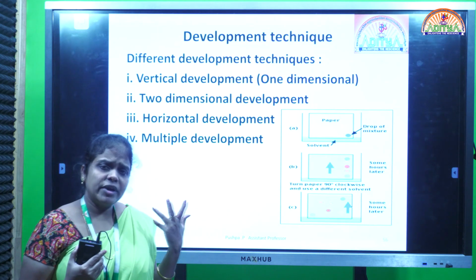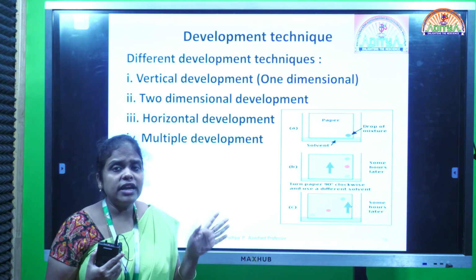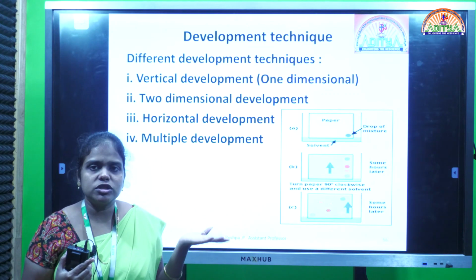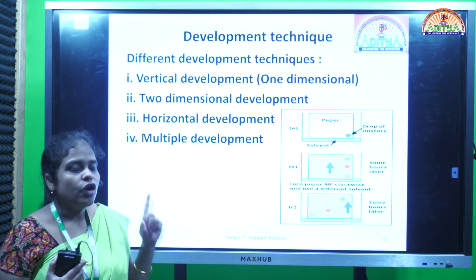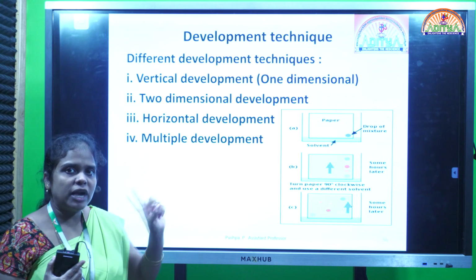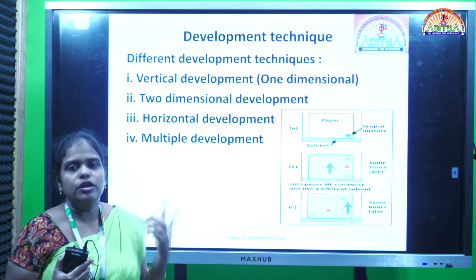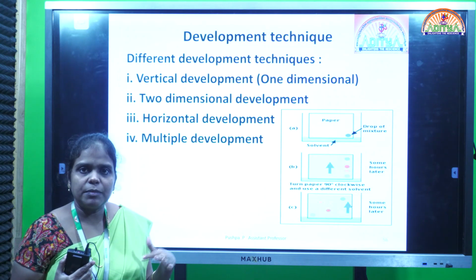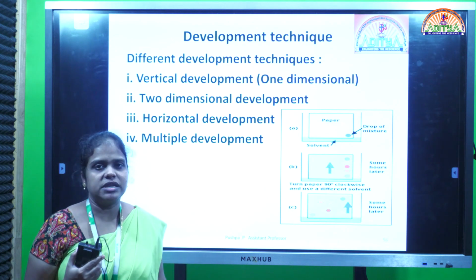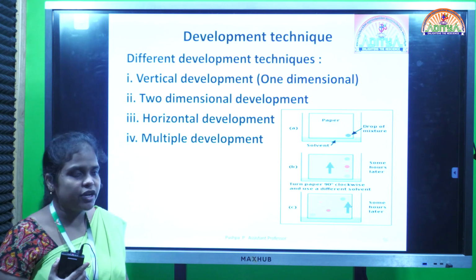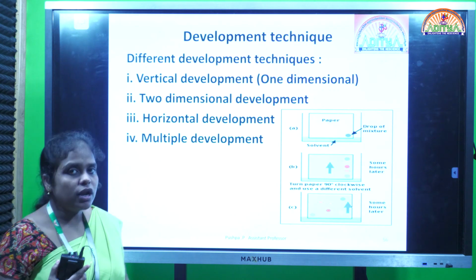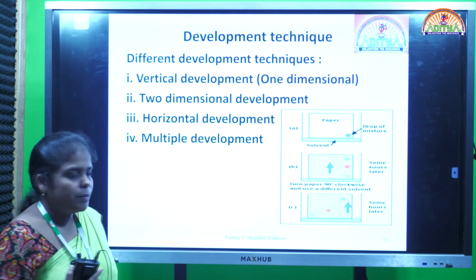Maybe those components need some more time, or in another direction those components may get separated. That's why we use multiple dimensions or multiple directions of elution, to give complete separation of all the components present in that sample.